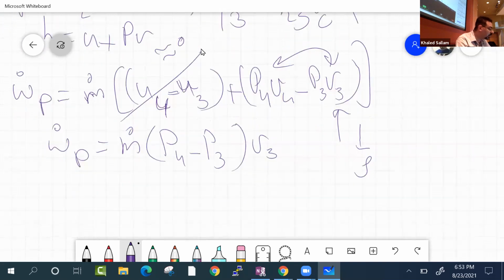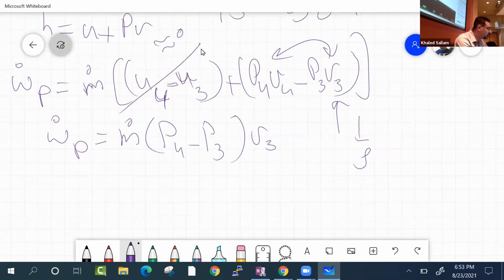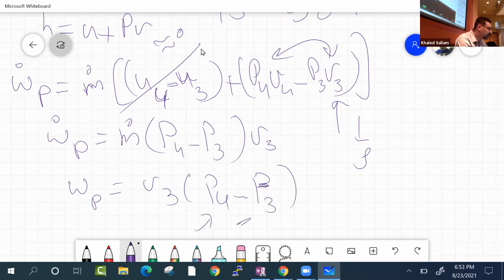So people calculate the pump work by simply saying the specific pump work is V3 multiplied by P4 minus P3. So just knowing the two pressures and the specific volume, or 1 over the density at the inlet, is good enough to calculate the pump work.